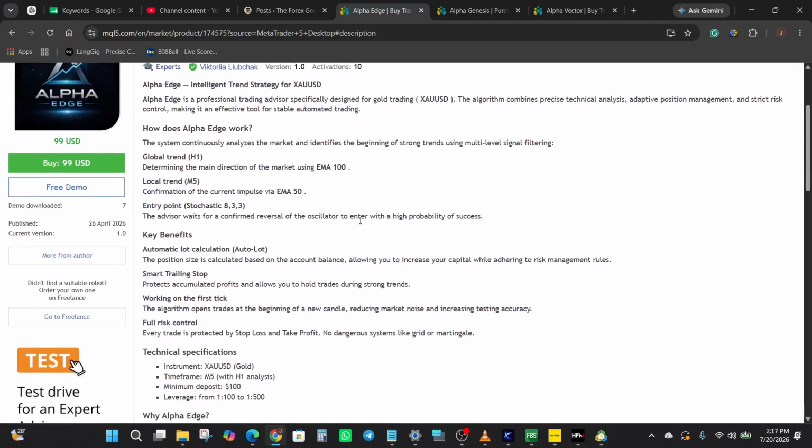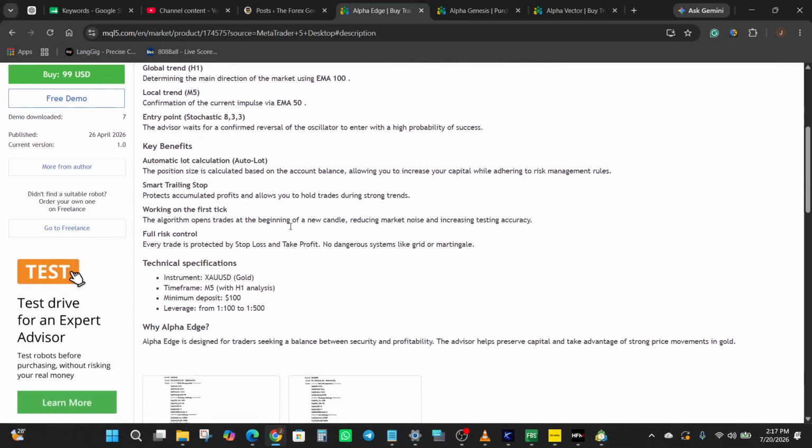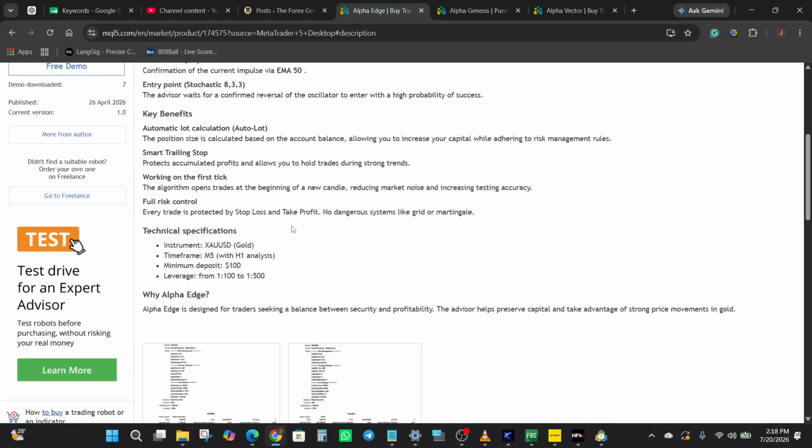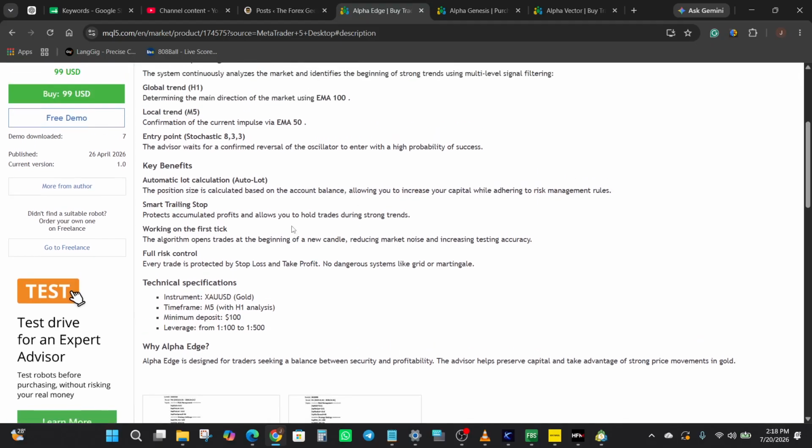Now, by combining higher time frame trend analysis with lower time frame confirmation and momentum signals, the EA attempts to filter out weaker setups and focus on trades that align with the prevailing market direction. So the developer also highlights several built-in risk management features.